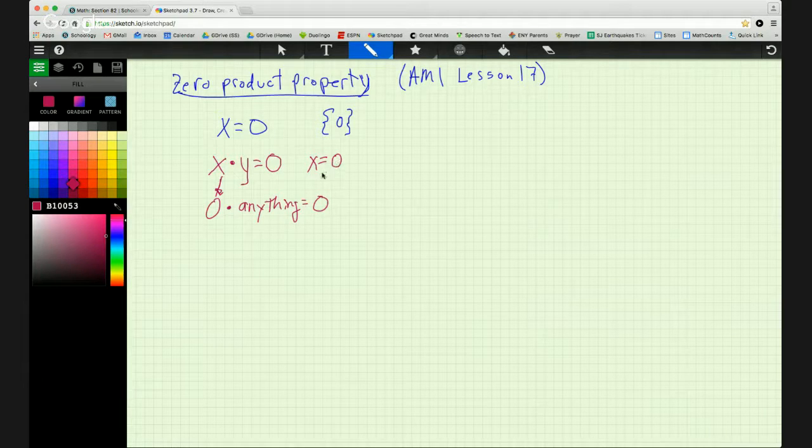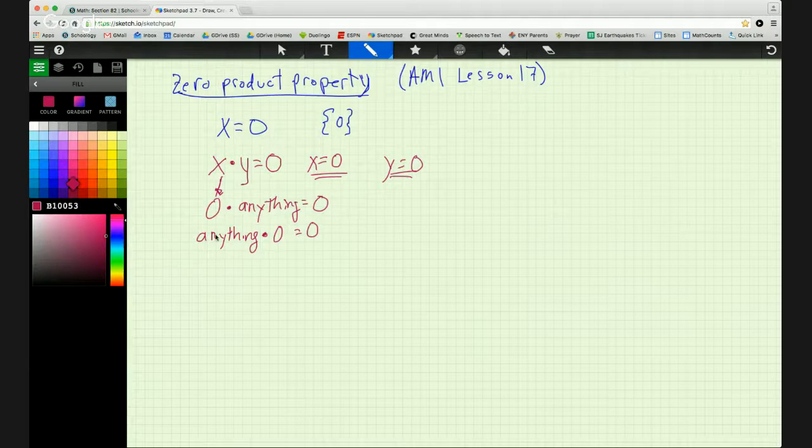So x equals 0 is one solution, but there's another solution, and that can be if y is 0, right? Because anything times 0 is also 0.